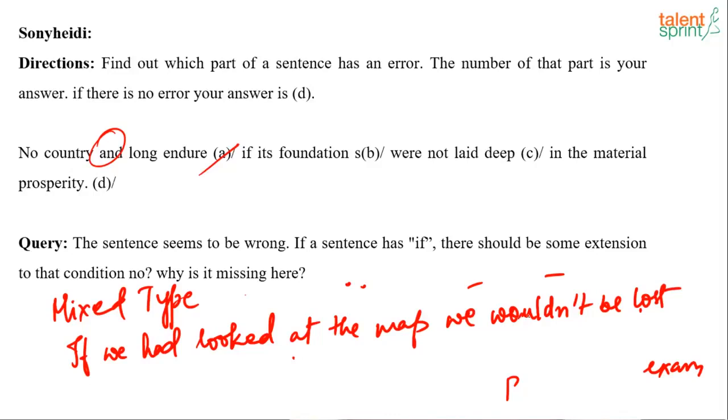So we are talking about the probable result in the present over here. Another example could be, if I had worked harder at school, I would have a better job now. That is the example of mixed type.